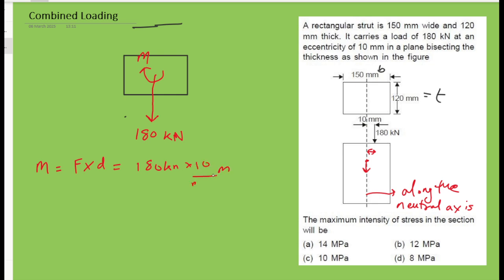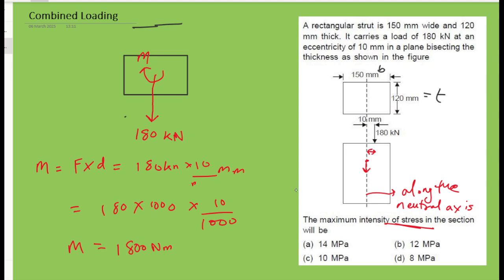We need to convert into the SI unit, so it can be written as 180 into 1000 into 10 by 1000. So this will be the moment acting, and its value would come out to be 1800 Newton meter. Now we can proceed to solve.